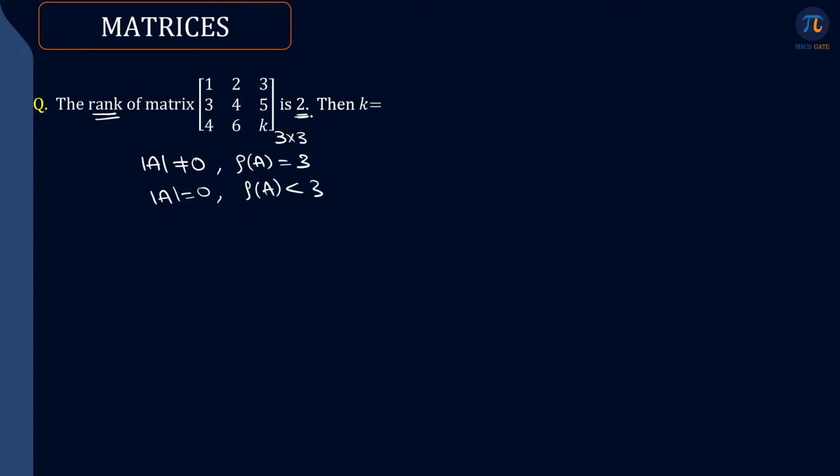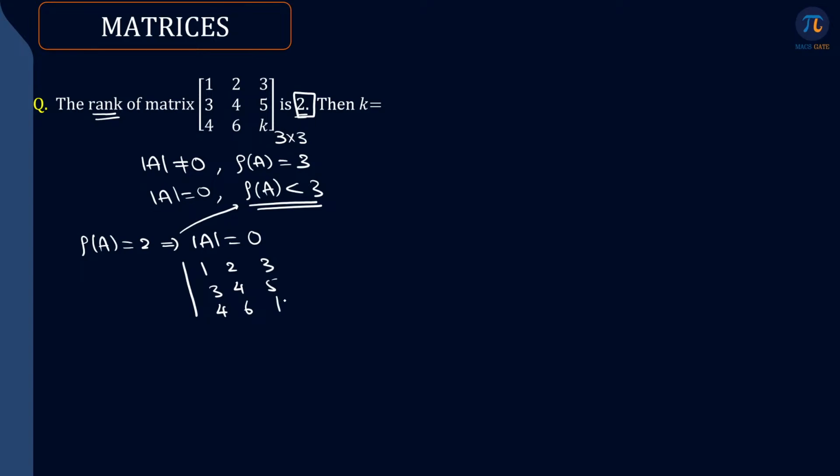So here rank is given as 2, which means rank is less than 3. That means determinant should be equal to 0. So you can just equate the determinant to 0.